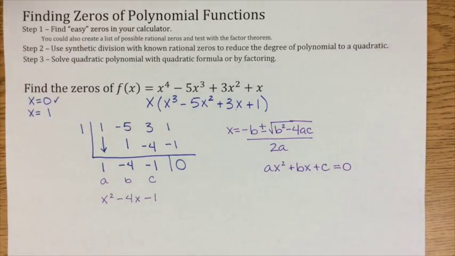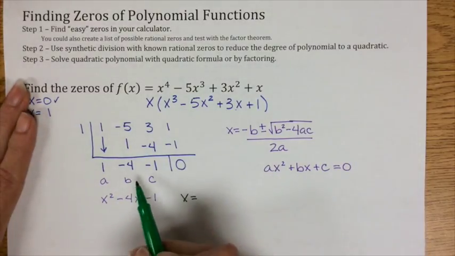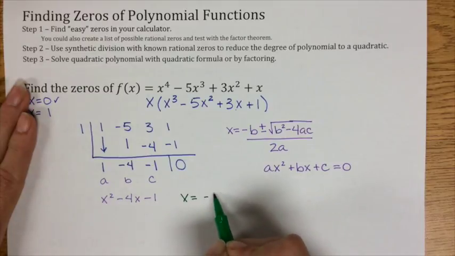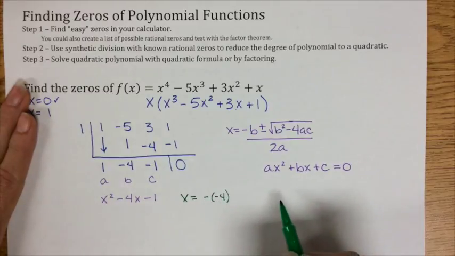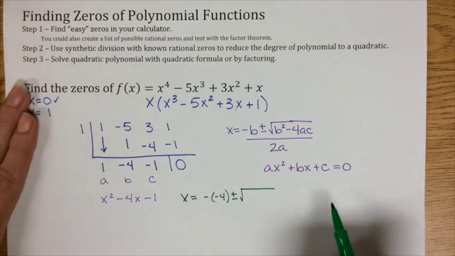Okay, so x equals -b. Here we go. X equals -b, -(-4), plus or minus the square root of b squared.